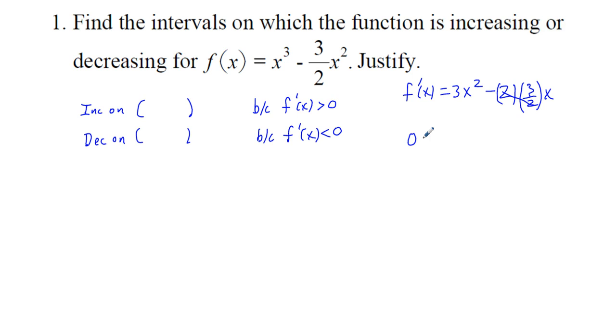So to find critical numbers, we set f prime of x equals 0. So you have 3x squared minus 3x. And we can factor out 3x. And if we factor out 3x, we get x minus 1. So we have x is equal to 0 as a critical number, and x equals 1.